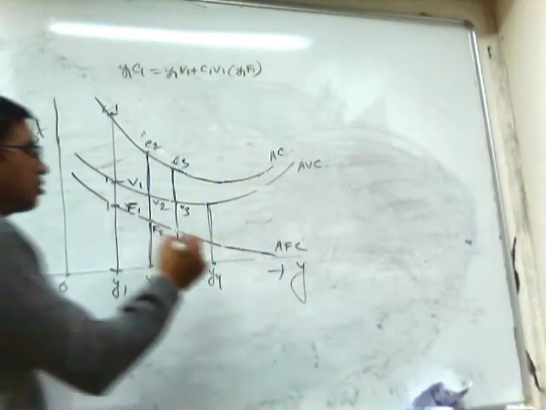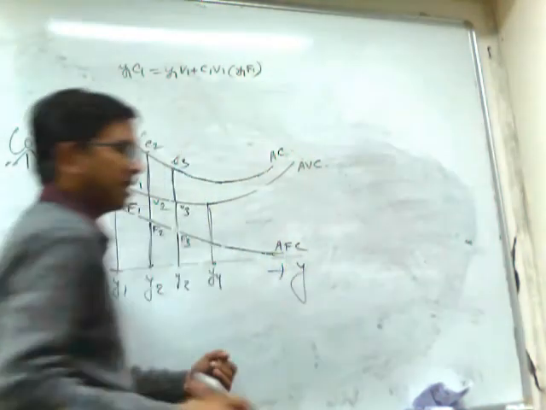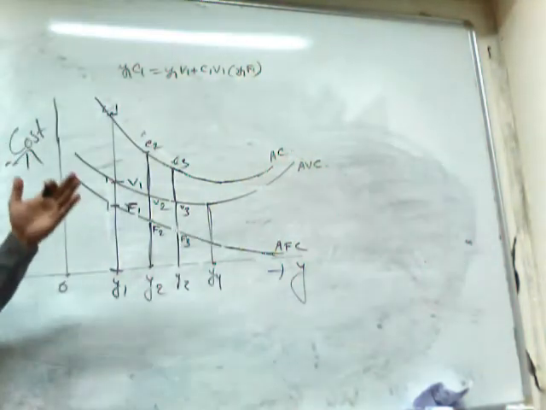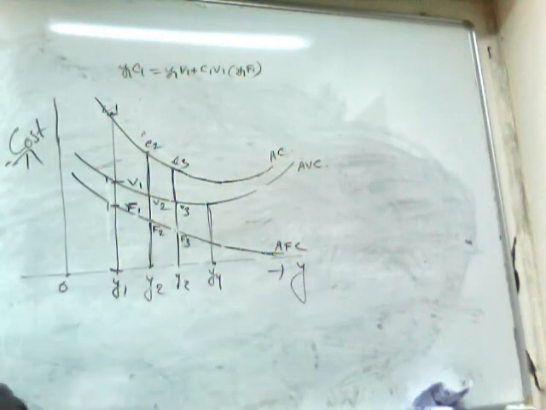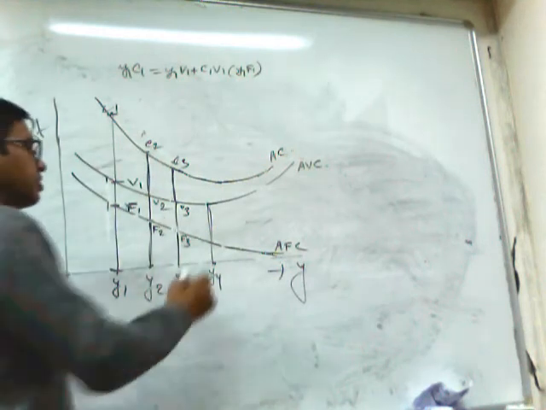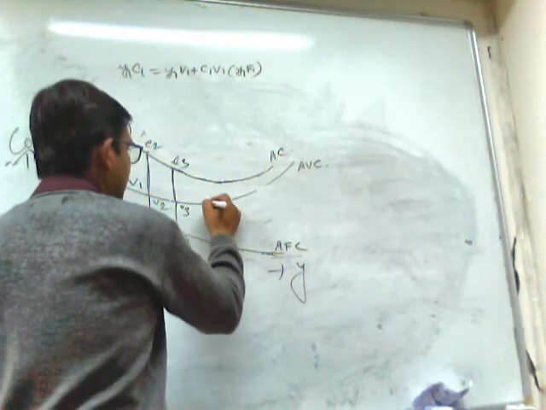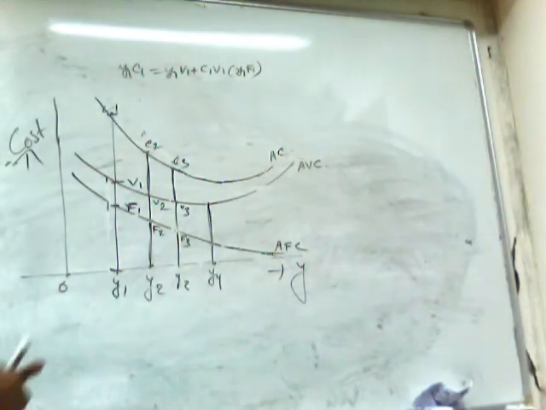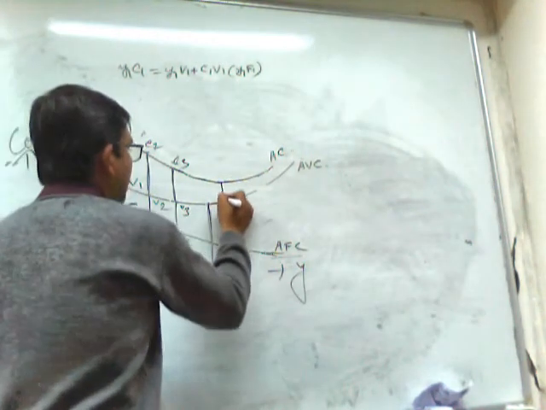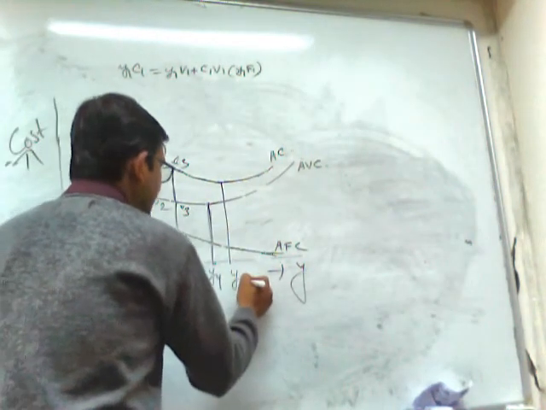As AFC is declining, the distance between AC and AVC will gradually decline. The next thing is that the level of output at which average variable cost is minimum is less than the level of output at which average cost is minimum.